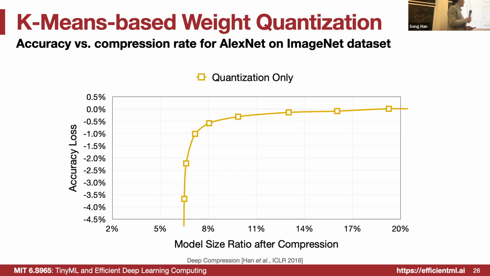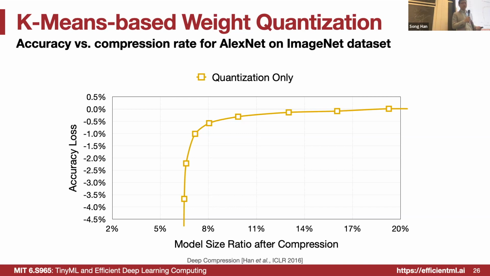Let's see how accuracy goes as we have fewer weights. This is the loss of accuracy, and this is the model size ratio after compression, from 100% all the way to here at 8%. If we do quantization only, the accuracy is going to drop.